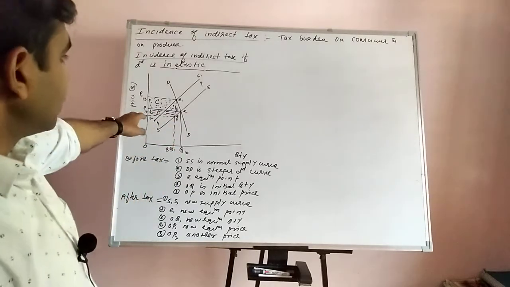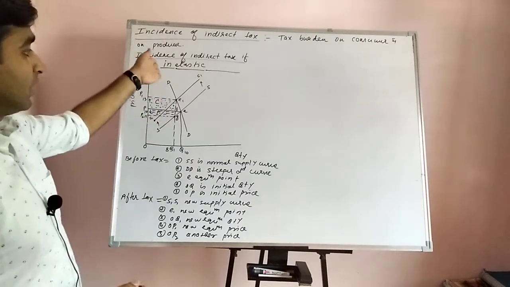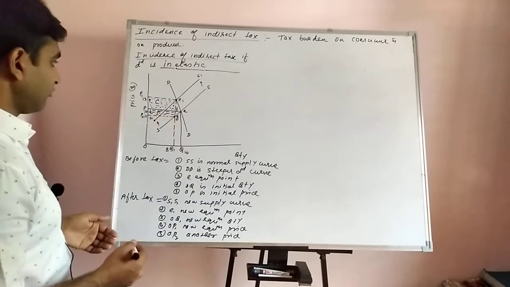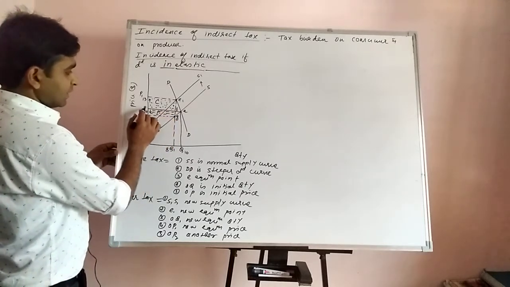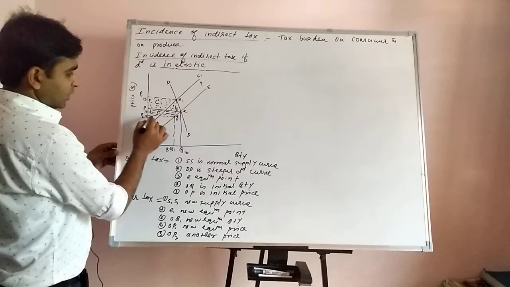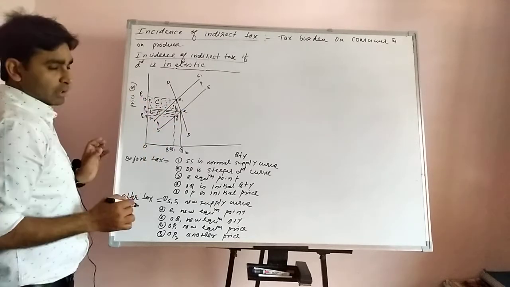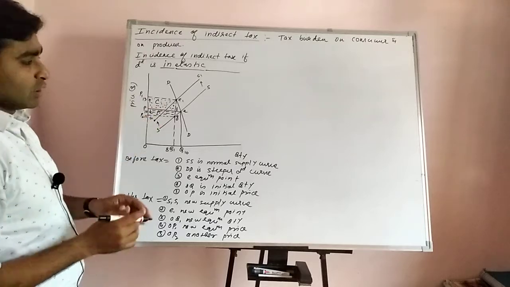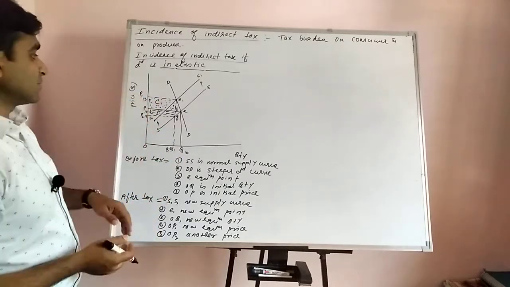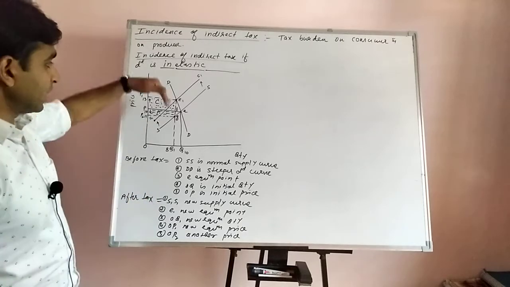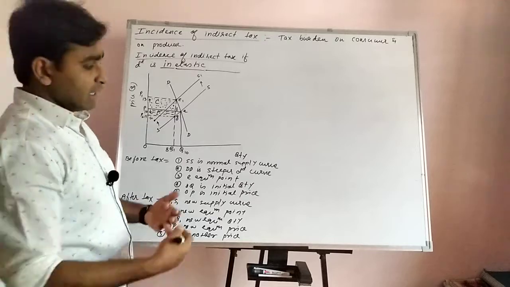Consumer is paying high tax and producer is paying low tax if demand is inelastic. Fine. So the portion P2, G, F and P, the tax paid by producer, and P, F, E1 and P1, the tax paid by consumer. So there will be more tax burden on consumer and less tax burden on producer if demand is inelastic, if demand is steeper. So how much? Let's find out.